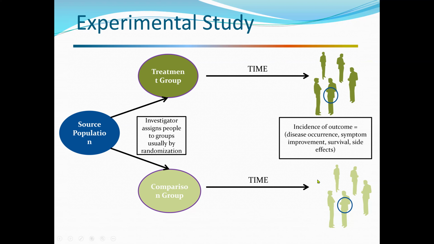This group doesn't have any treatment, but we want to compare the two outcomes. So incidence of outcome will be the disease occurrences and also the symptom improvement, survival, or side effects. These are what we are going to look at in the treatment group, then we compare it with, again, the comparison group.